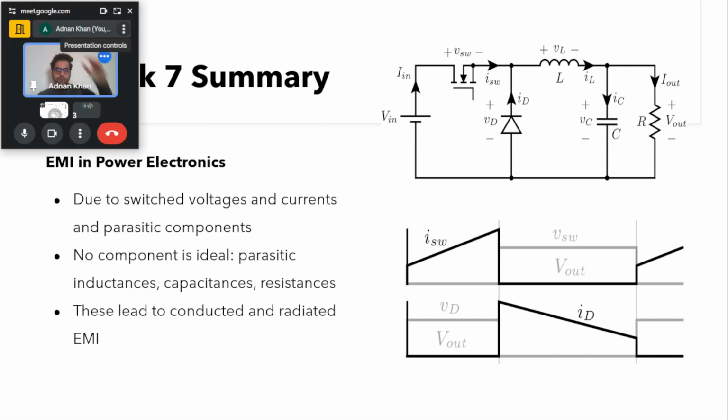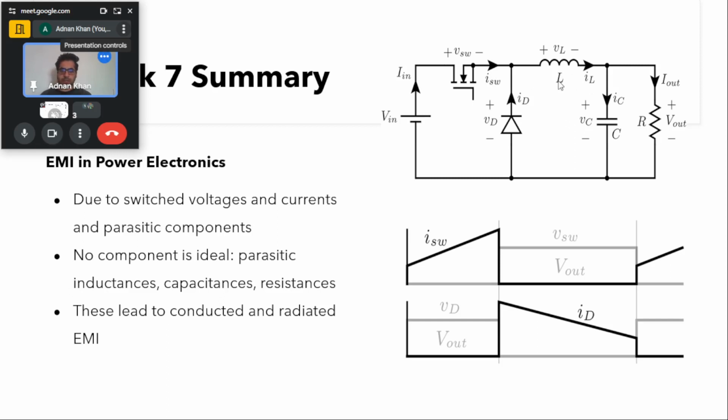So now we shall see about these components. Here you can see we have different MOSFETs, diodes, inductors, and capacitors, and we know that no component is ideal, and there are always some parasitics associated with these components.